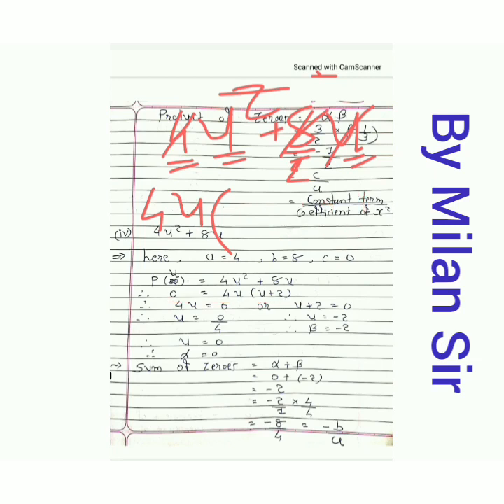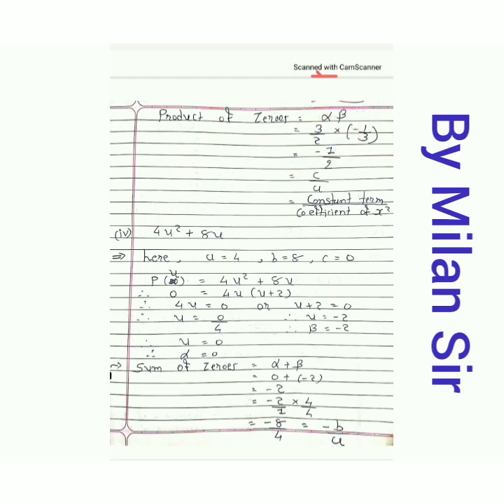Now the third term is not given, meaning the constant term is not given, so no need to go for middle term splitting. Directly take the common part of both these terms. If three terms are given, then we go for middle term splitting, but here only two terms are there, so we solve it directly.